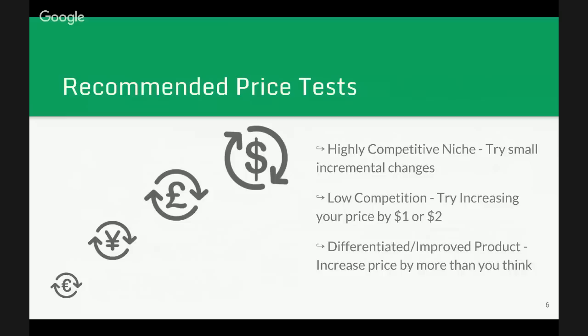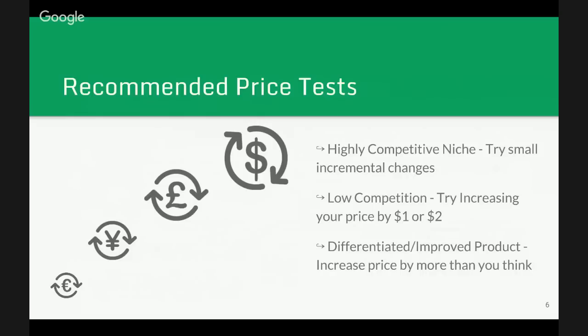Because what we found is a lot of times these customers might not be as price sensitive as you think. If there are just a ton of lookalike products, a lot of times they don't care about an extra dollar or two. They're more concerned with the quality of the pictures and the sales copy or the number of reviews. So a lot of times you can increase your price by $1 or $2 or $3 and make the same number of sales, but of course, then you're making more profit.